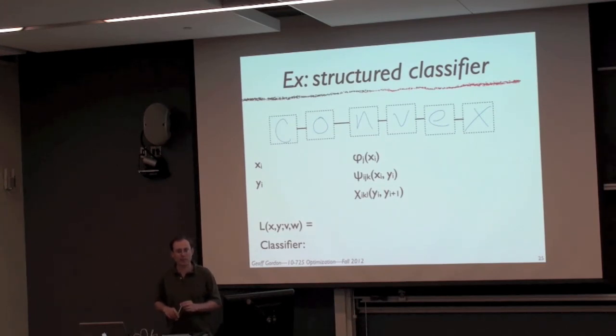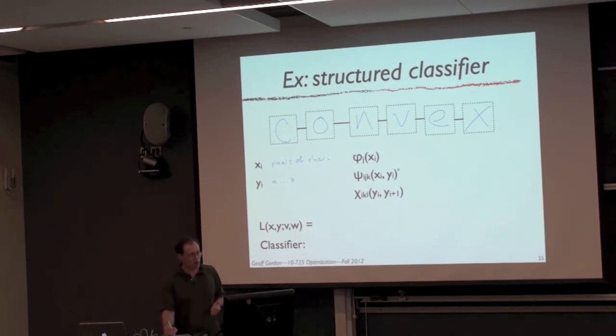So here, what I'm going to do is say that xi is going to be the pixels of character i. Yi is going to be the label, so A through Z. And in order to make a classifier, I'm going to design some features.